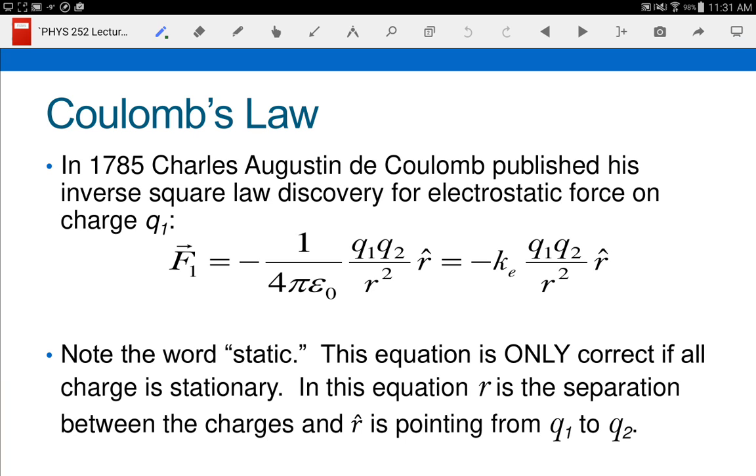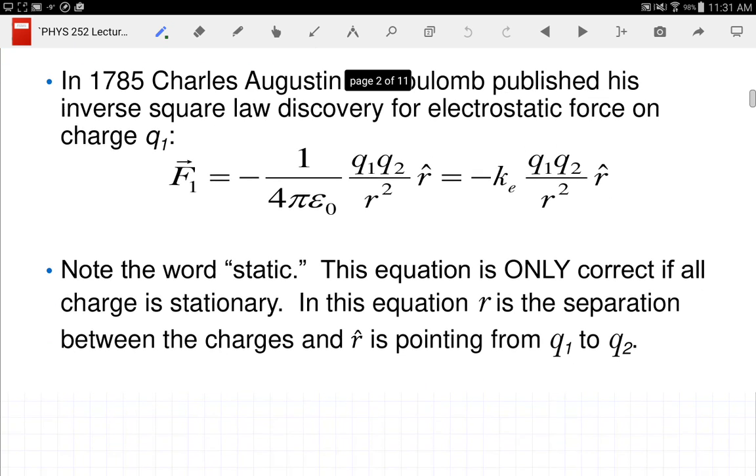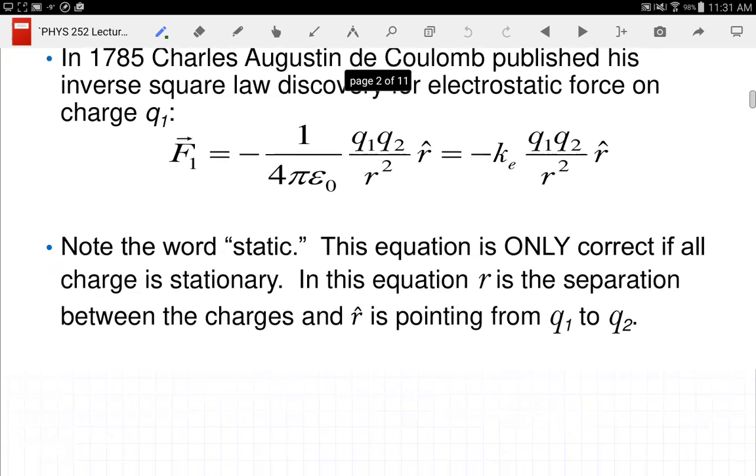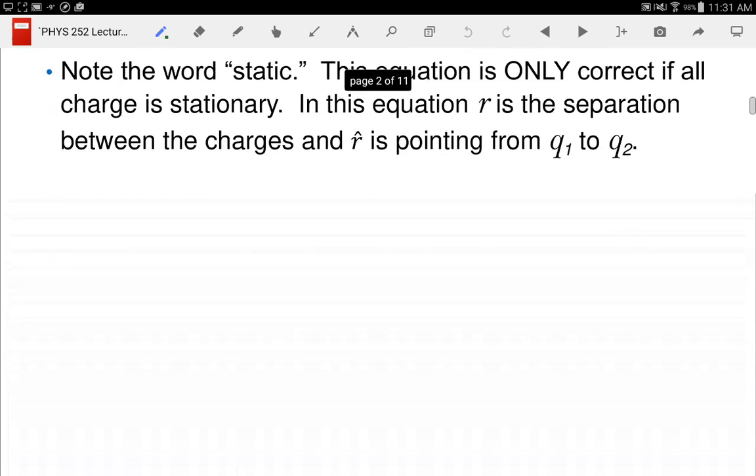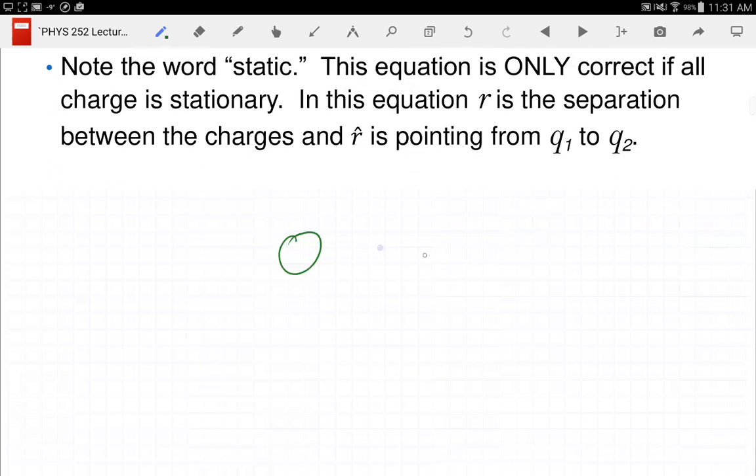What he was doing was very similar to what was done by Newton in determining that the force of gravity was an inverse square law. What Coulomb, in English, did was he essentially took 2 globes and put charge on them and measured the force between them as he varied the charge and as he varied the separations.